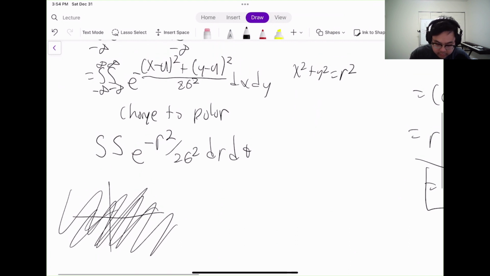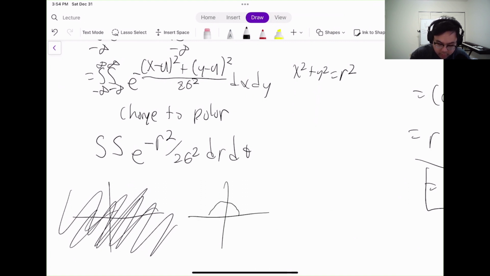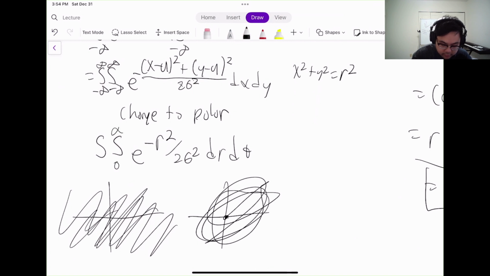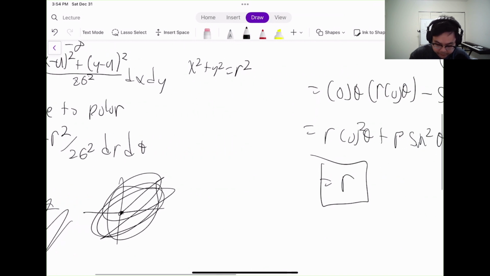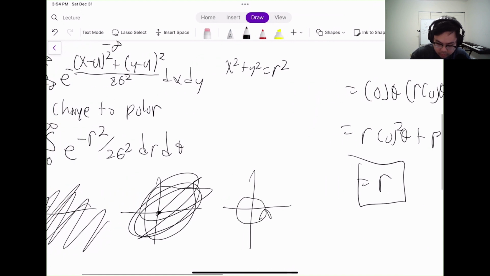Well, consider the radius. I was talking about theta real quick, but we're talking about the radius. The radius goes from 0, from this point right here, to all over. So it should be 0 to infinity. Now, what about theta? Well, this angle is measured in radians, so it's 0 to 2 pi.